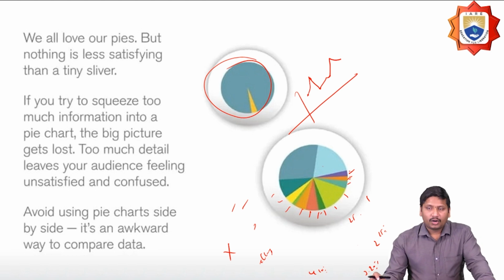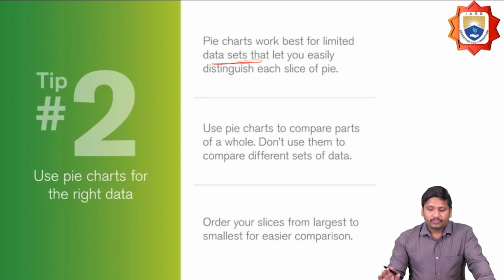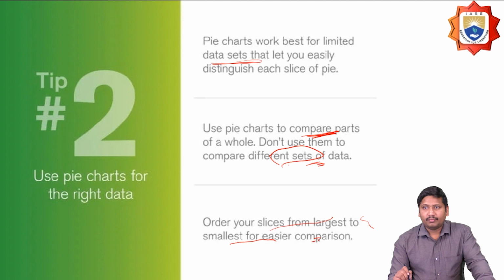So the tip is that the pie chart works best for limited data sets only. Using this pie chart you can compare the parts of a whole, but don't use them to compare different sets of data. You can represent the various parts at a time as a whole, but it is not suitable for comparing different data sets. Order your slices from largest to smallest for the easiest comparison.